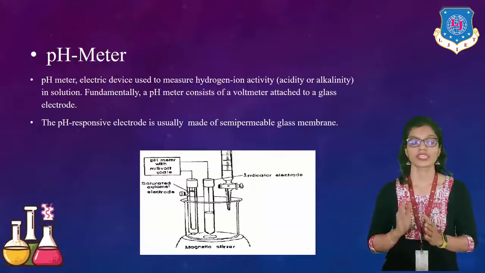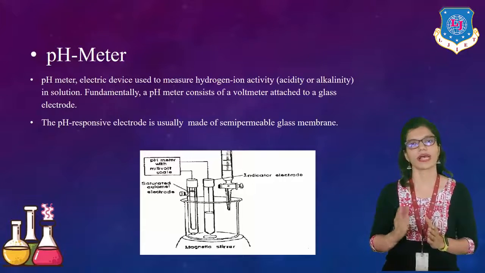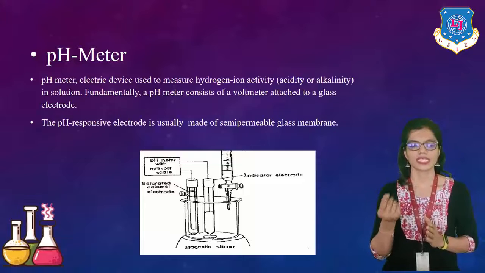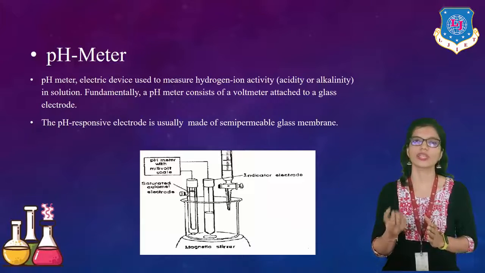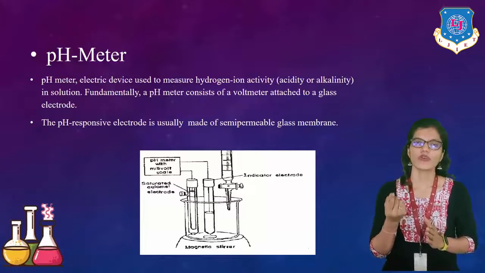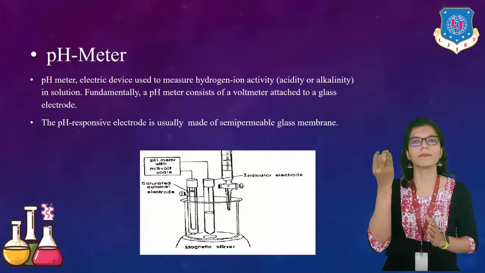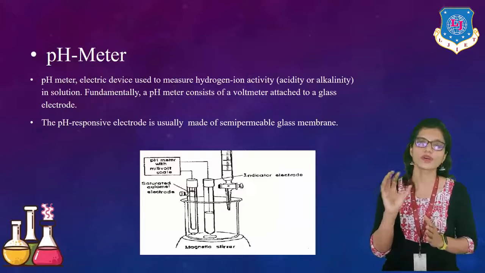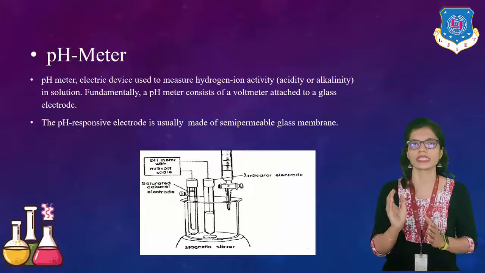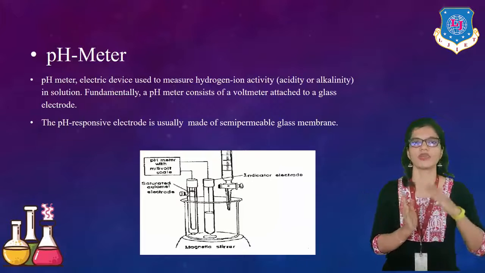Now the pH responsive electrode is usually made up of a semi-permeable glass membrane. Here, as you can see, it's a saturated calomel electrode. We also have a kind of glass electrode which has concentrated HCl filled inside a glass permeable membrane, so it will observe the change in H plus ions between the solution and the electrode.